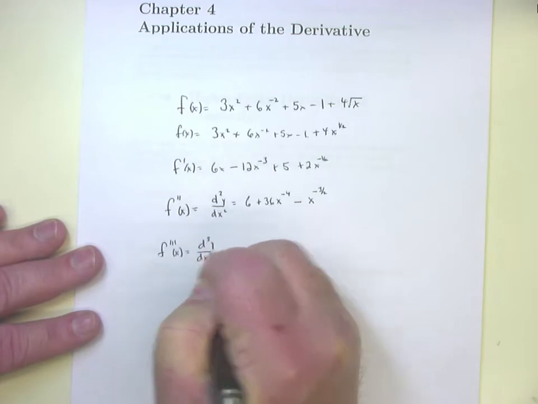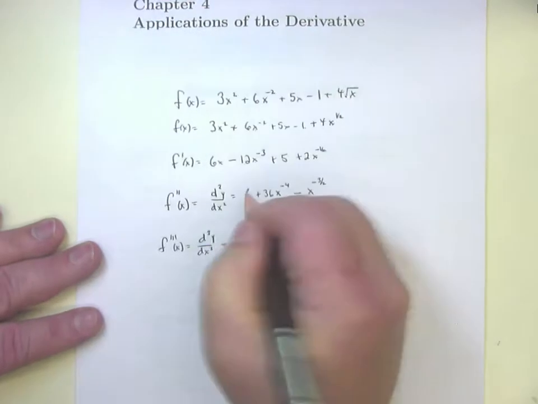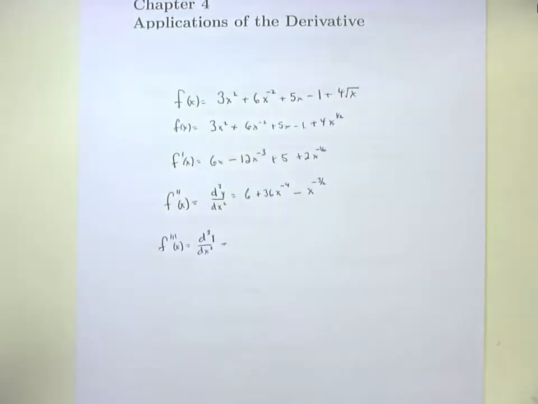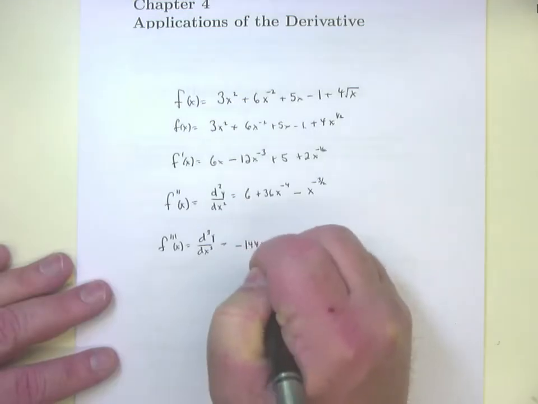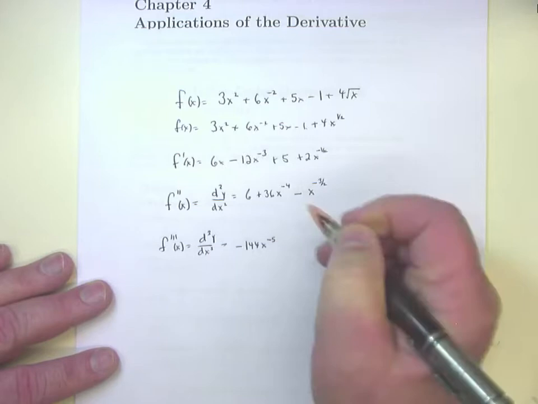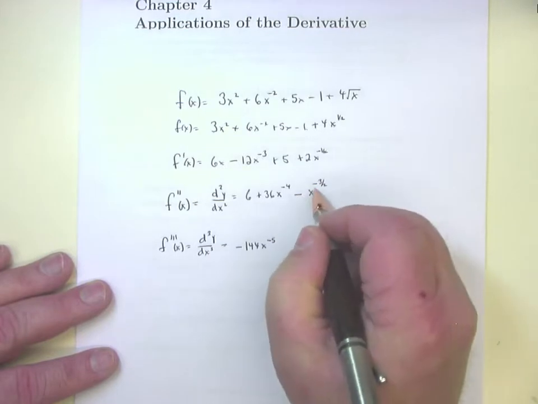That little 3 meaning the third derivative of your function here would be equal to derivative of 6 is 0. Derivative of 36x to the negative 4. Well, bring down your negative 4, so 36 times negative 4 is negative 144x to the negative 5, and then bring down your power for the derivative of minus x to the negative 3/2.